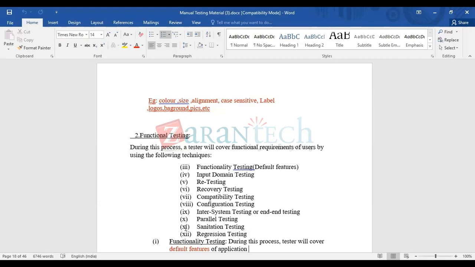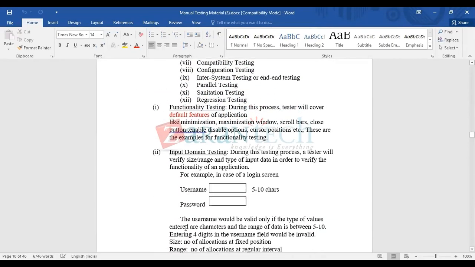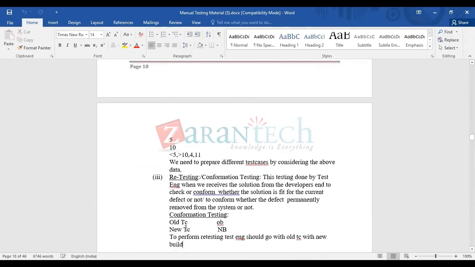Is this working properly or not? Maybe Y application is working properly when it has merged with Z application. Is this working properly or not? This is the whole motto of integration testing. Hopefully you understood, right? Yes, now I understood exactly. Thank you so much.